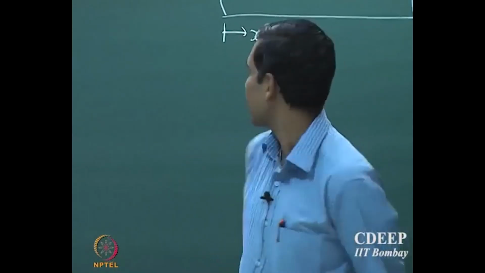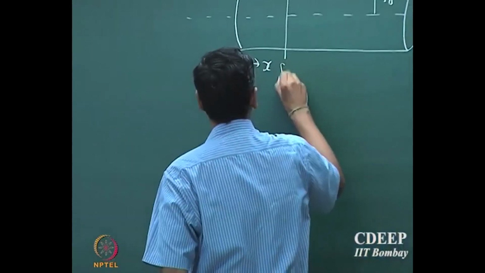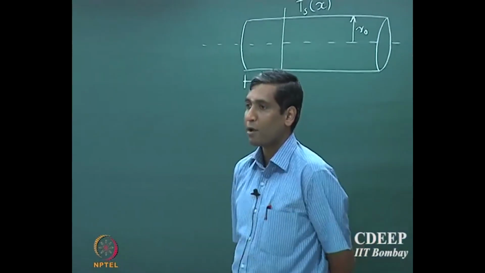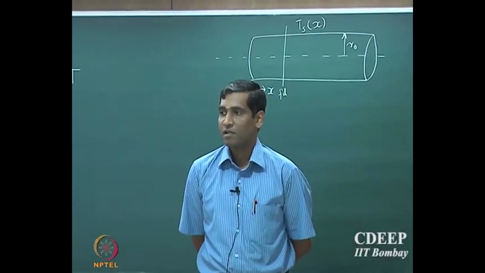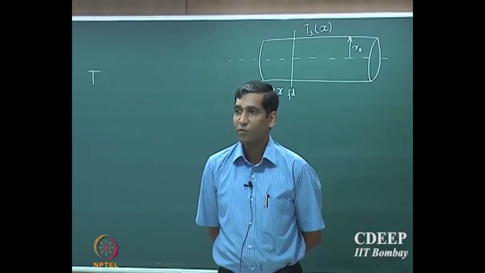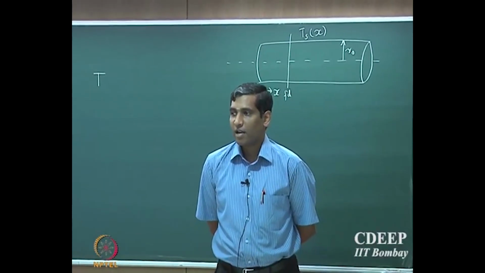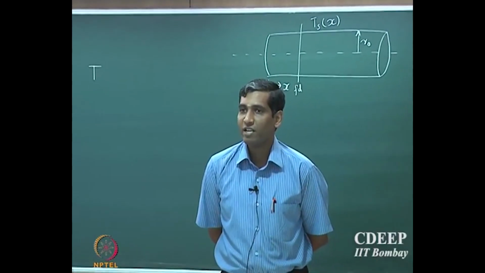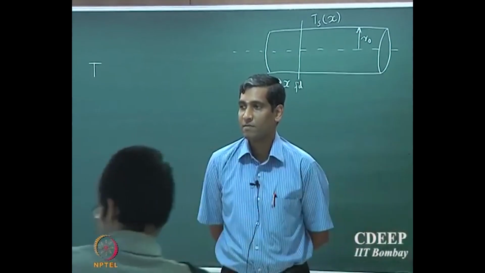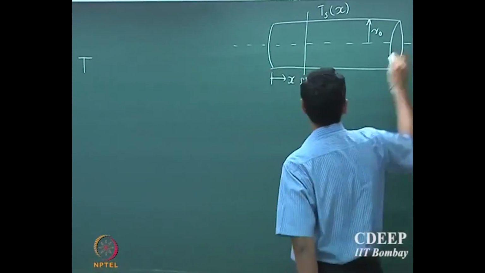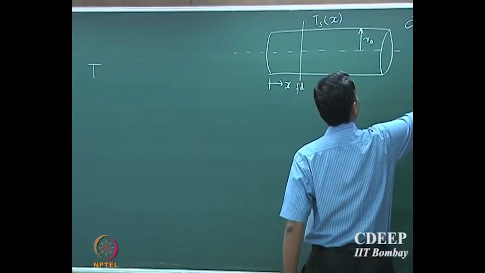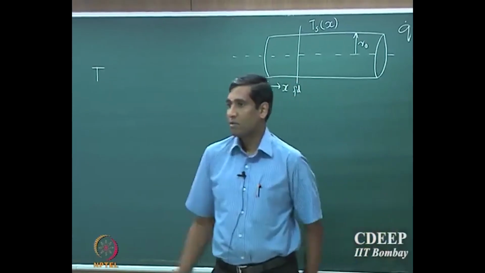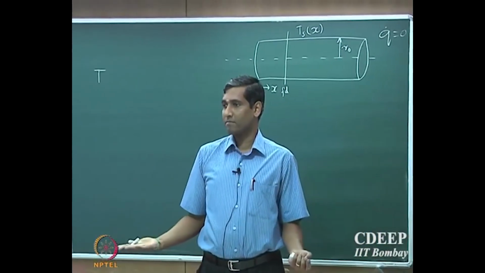So what are the processes which are acting here? You have diffusion and you have convection, right. Is it linear with respect to temperature? So we assume there is no heat generation term. So it's linear with respect to temperature, right.